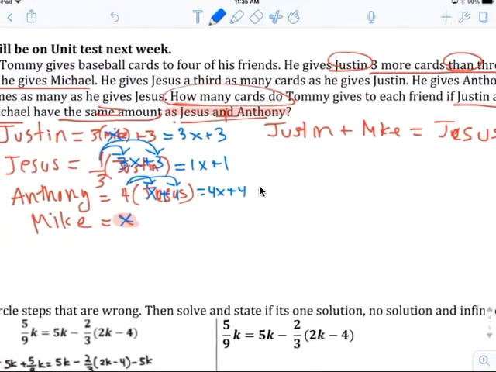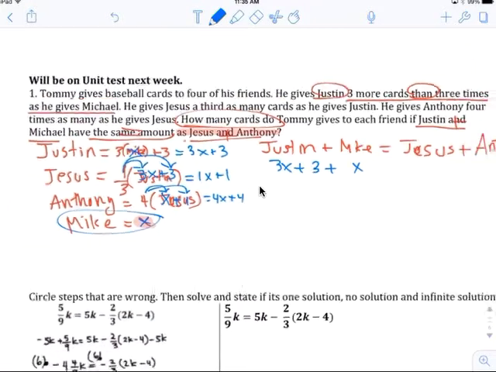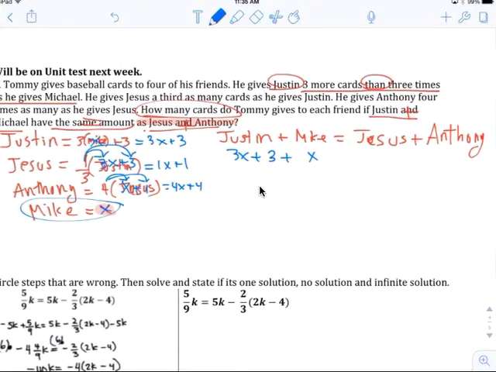So Justin is 3X plus 3. Mike is just X plus X for Mike. Jesus is X plus 1. And Anthony is 4X plus 4. Okay?